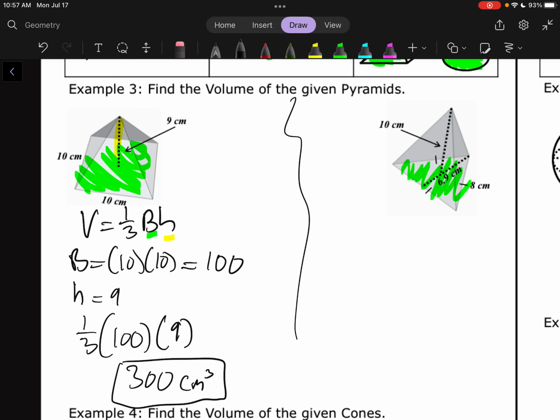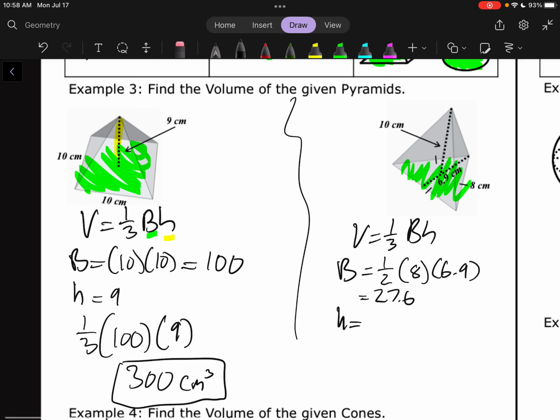Same idea over here, but it looks like we got a triangular pyramid. I'm going to do 1/3 big BH. For the big B here, though, I need to do 1/2 base times height, so 1/2 times 8 times 6.9, because the 6.9 is the height of that triangle. 1/2 base times height, of course, is the formula for a triangle. So when I do 1/2 times 8 times 6.9, I'm getting 27.6.